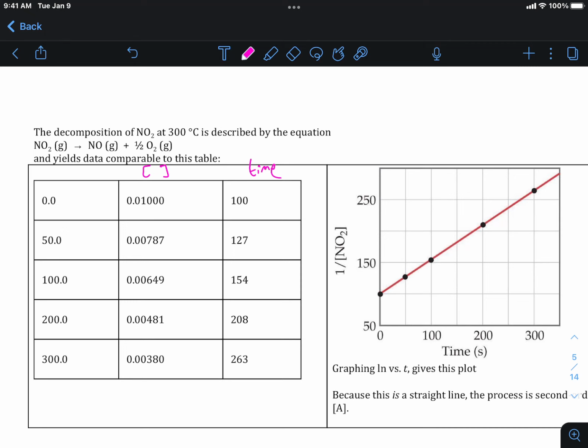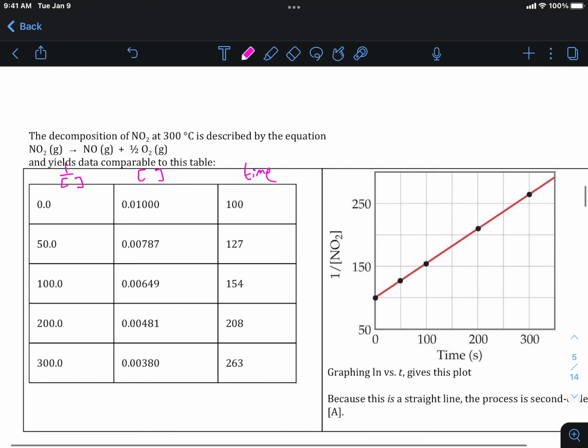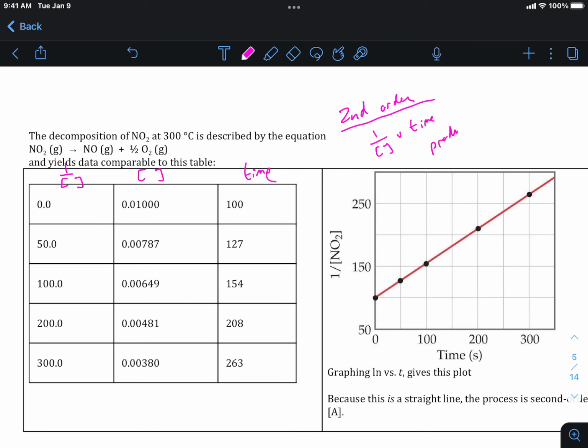And we have a plot of our inverse of concentration. So for a second order reaction, if the inverse of the concentration versus time produces a linear plot, that's confirmation.